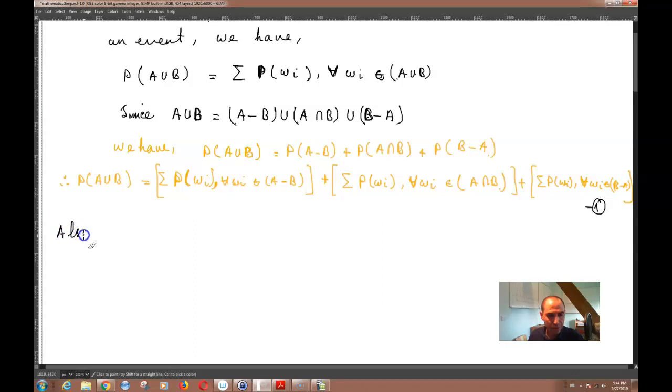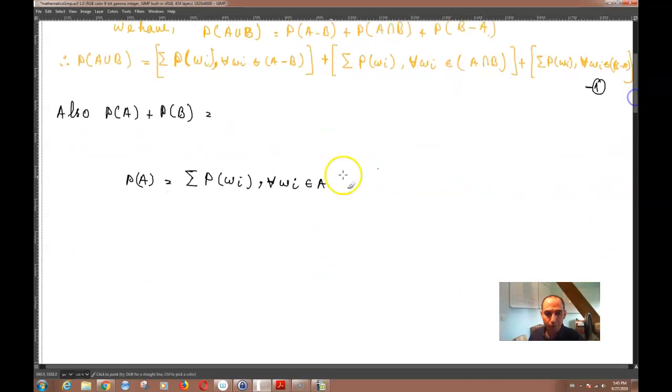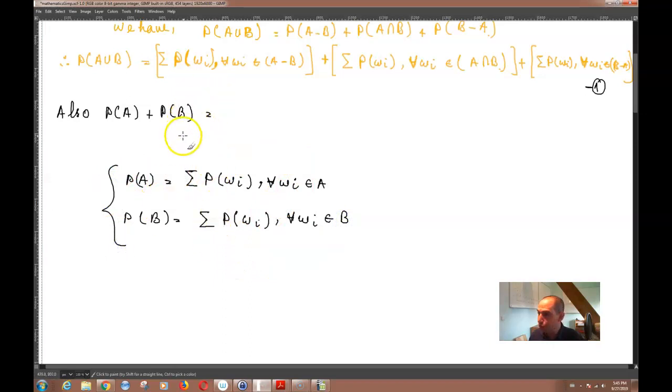Also, you can say that P of A plus P of B is equal to, well, you know that P of A, based on the same logic, you can write as sigma of P of omega of I for all omega of I belonging to the set A, for example, that would be P of A. And P of B would be sigma of P of omega of I for all omega of I belonging to the set B. So you can use these two over here as well.